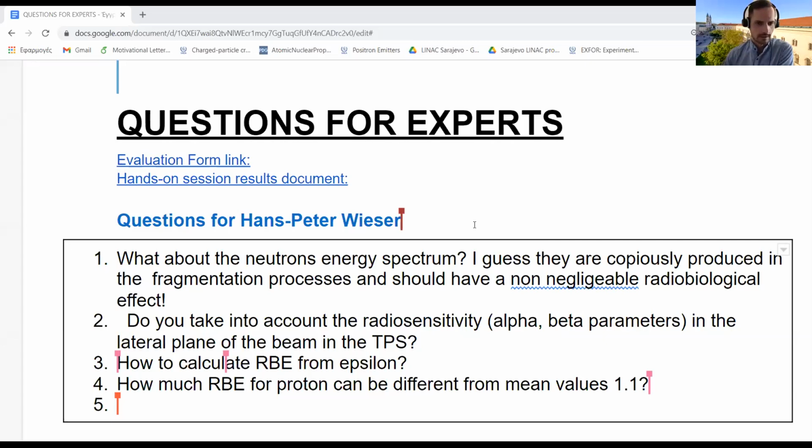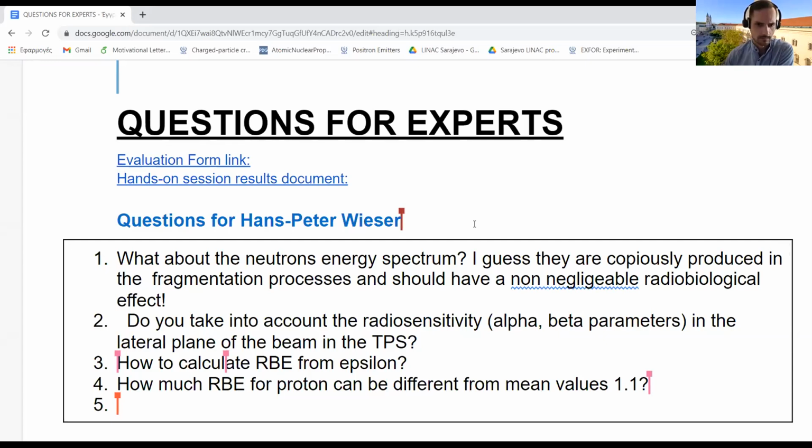Can you bring up the questions again, the Google Doc? How much can RBE for proton be different from mean values? It's always difficult to answer such general questions. It depends very much on the tissue itself.